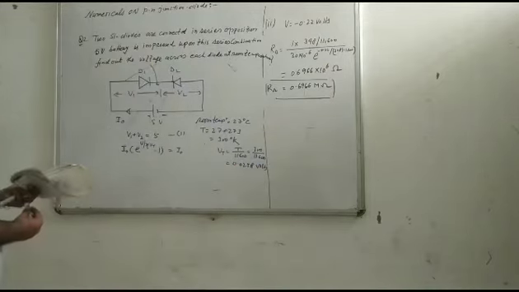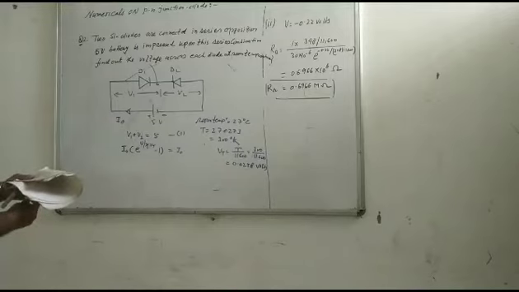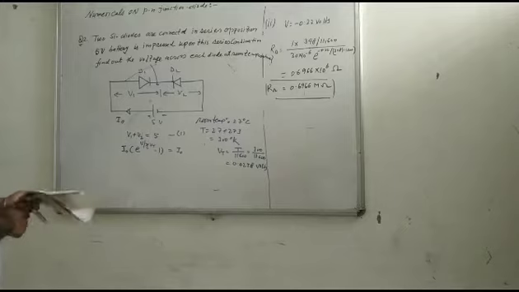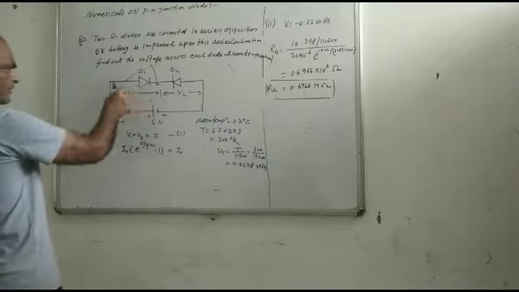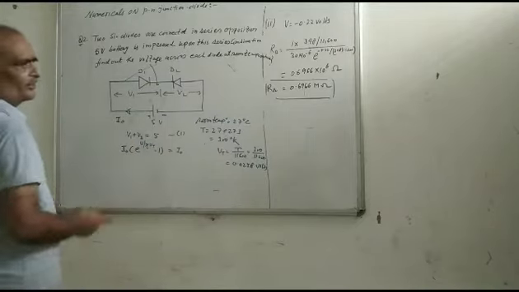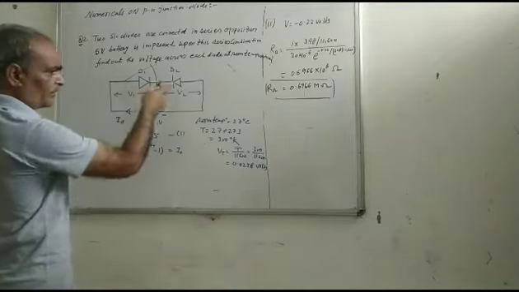And when diode D2 is conducting, the current first flows through diode D1. So the current through this diode is I0, because the two diodes are in series.